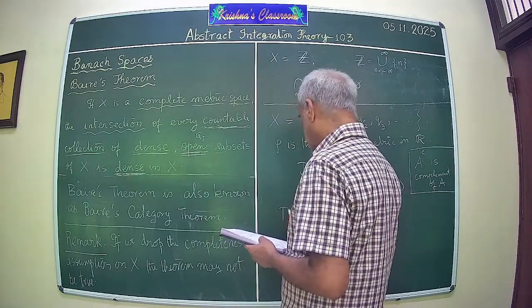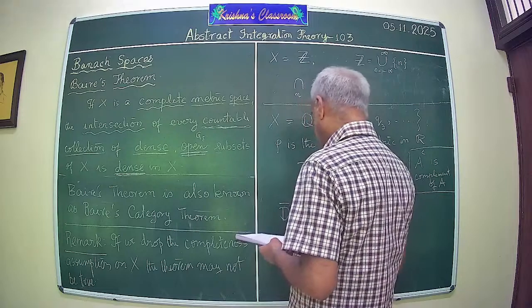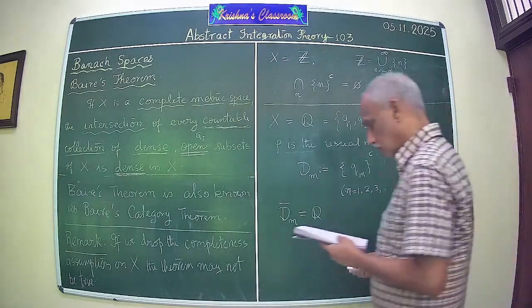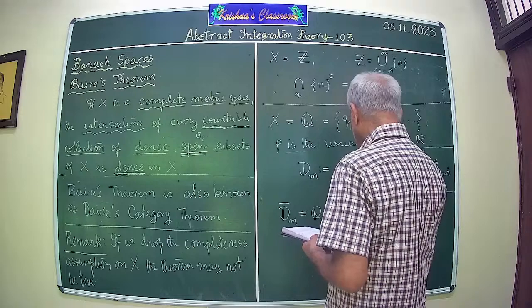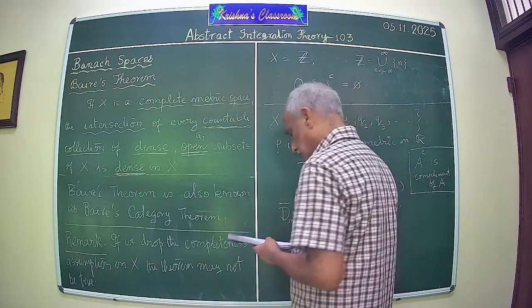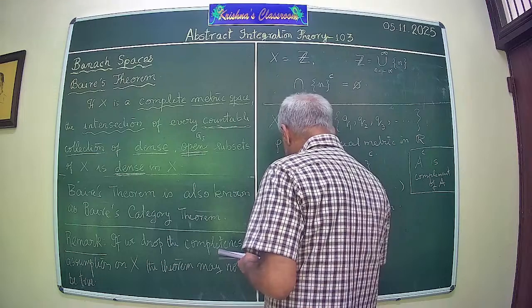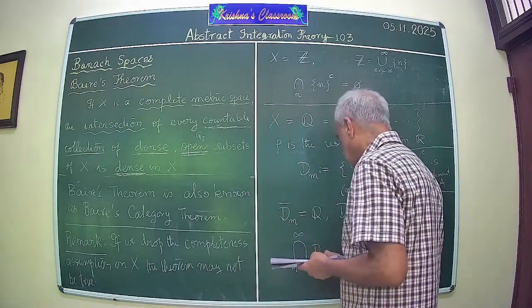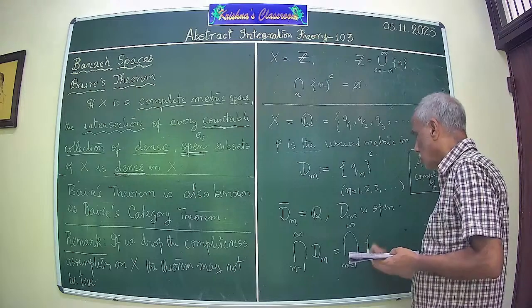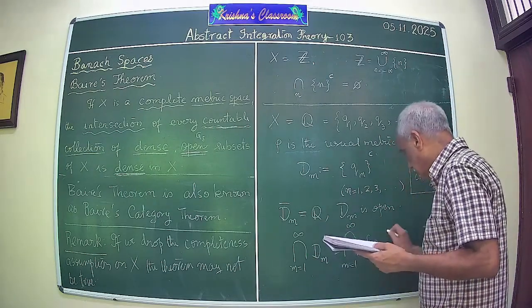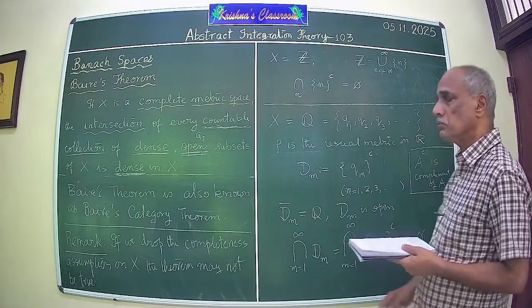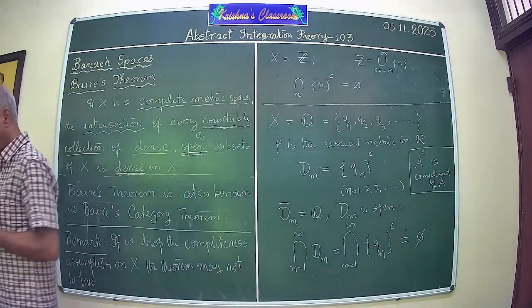Then you see that Dm closure equals Q, and Dm is open, so this is dense in Q. Therefore you take the intersection, and that is very easy to see, it is empty.